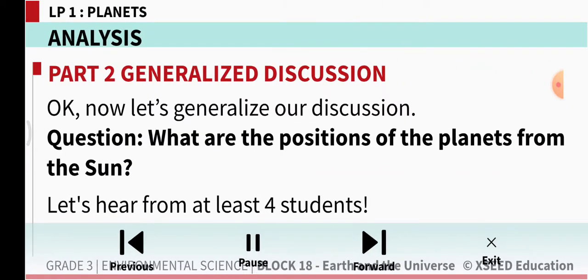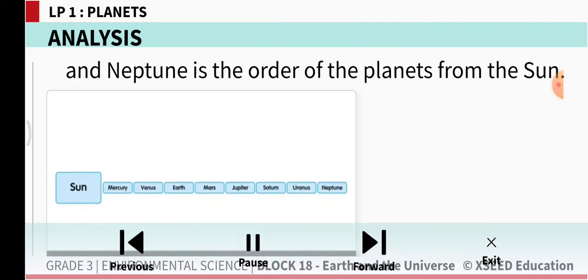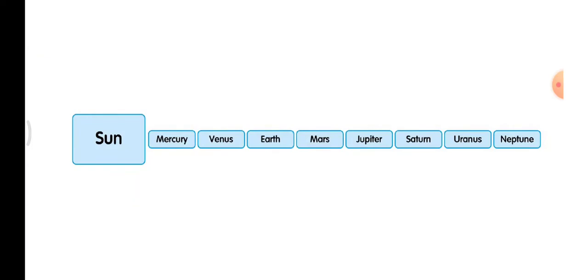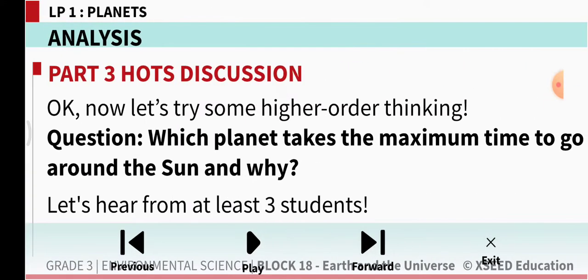What are the positions of the planets from the sun? Mercury, Venus, Earth, Mars, Jupiter, Saturn, Uranus and Neptune is the order of the planets from the sun, which is shown in this picture. So you can even draw this in your EVS notebook so that you can remember this order. Right?